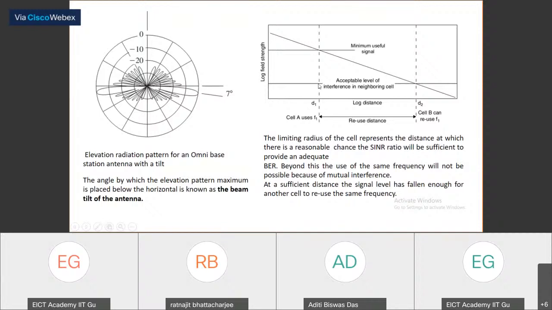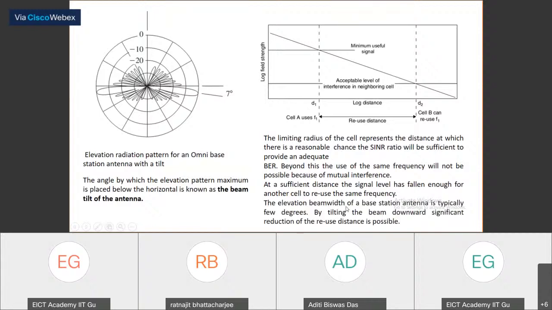This is the acceptable level for interference in the neighboring cell. And at this distance, D2, the signal level has fallen to a point where the same frequency can be reused in another cell.